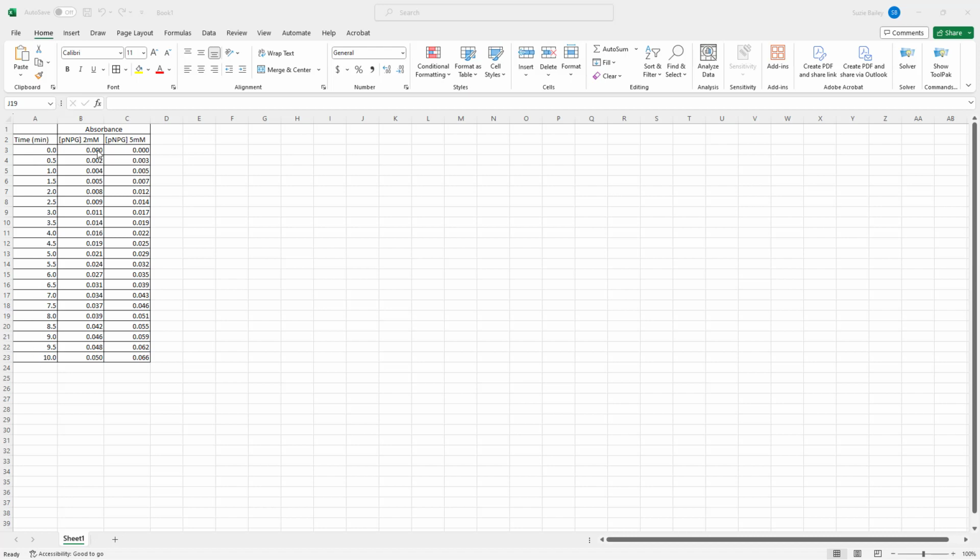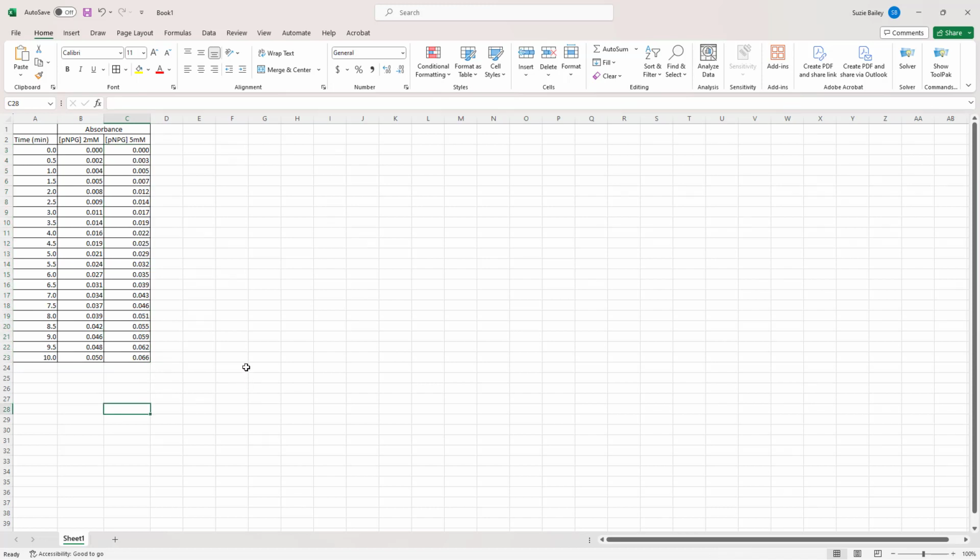And then I have my absorbance values that were measured at each of those time points for my two experiments that I did with my PNPG substrate at two different concentrations of substrate, 2 millimolar and 5 millimolar. So this was one reaction that was carried out for 10 minutes, and then this is the data from the second reaction that was carried out at a higher substrate concentration, also for 10 minutes.